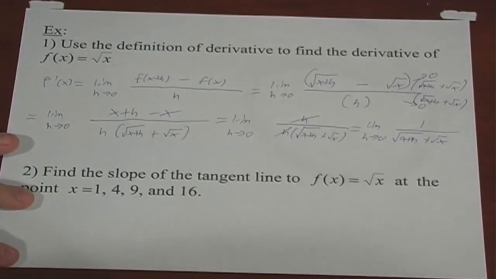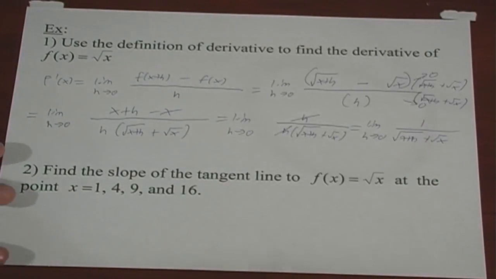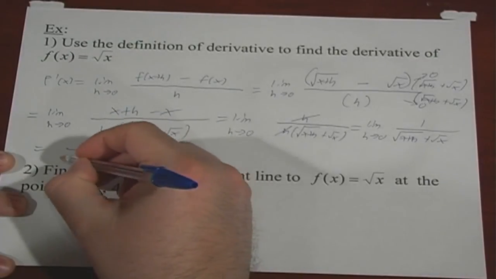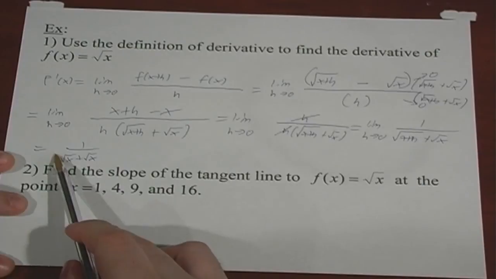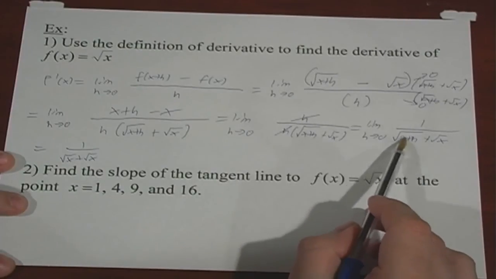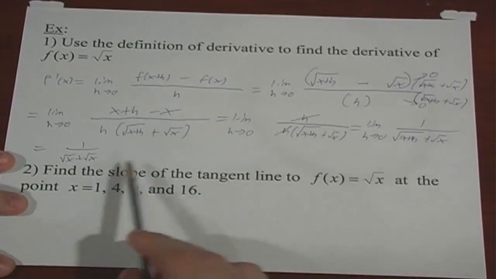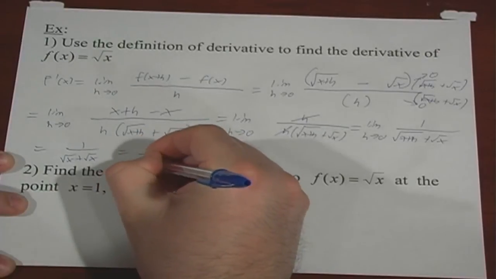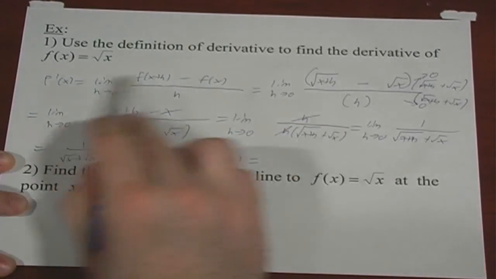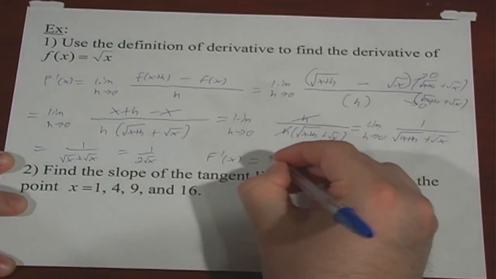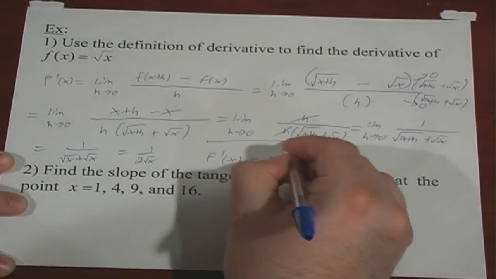Once the h canceled, now I can plug in 0 for the h. So you plug in the 0, and you get 1 over square root of x plus square root of x. Notice once I plug in, I don't write limit anymore. So this becomes 1 over 2 square root of x. So what I just found out is f prime of x, which is what we've been calculating, is 1 over 2 square root of x.